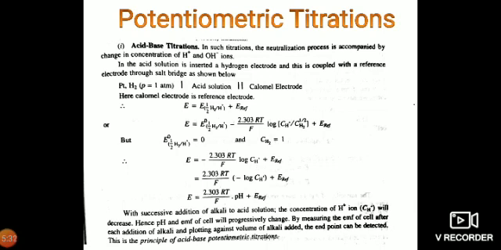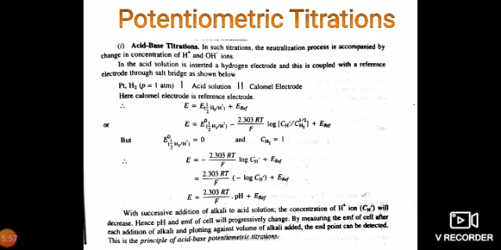As far as the syllabus is concerned, in potentiometric titrations we have to discuss two types: one is acid-base neutralization potentiometric titrations, and the second one is redox potentiometric titrations. These are the applications of EMF measurements for studying and obtaining the endpoint of titration with greater accuracy.